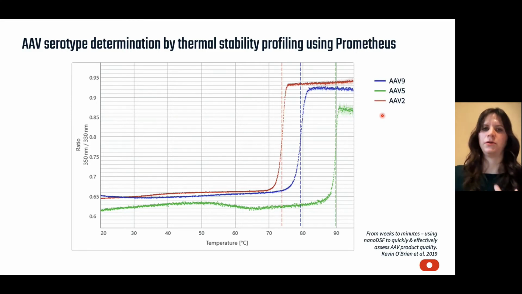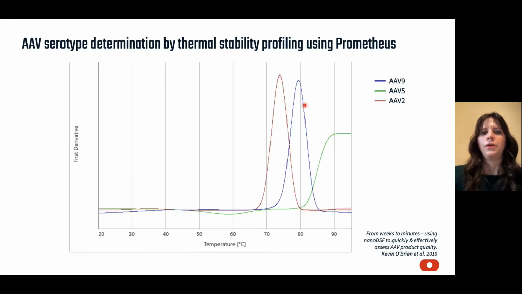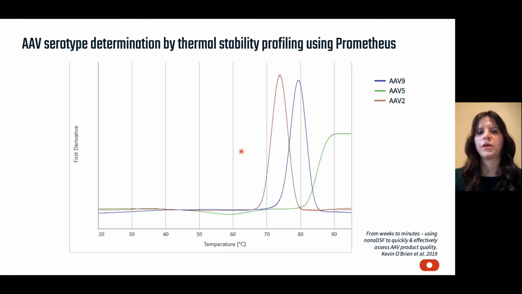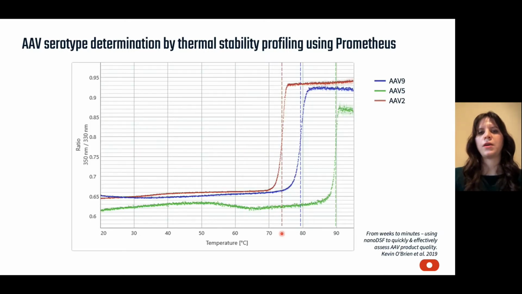And that's because of subtle sequence differences in those viral particle proteins that comprise them. The first derivative view is useful for seeing where those inflection temperatures take place more specifically, and just creating this baseline kind of fingerprint for your vector is the first step in then optimizing the formulation and behavior of it for long-term use.